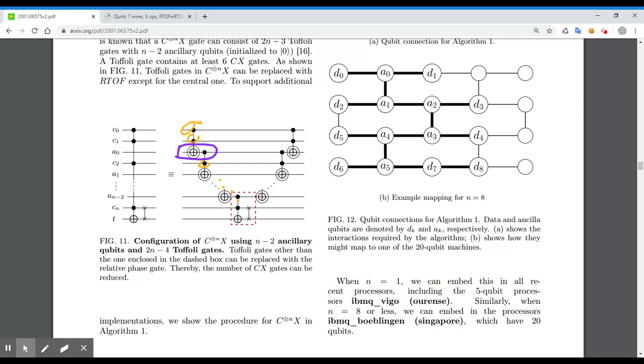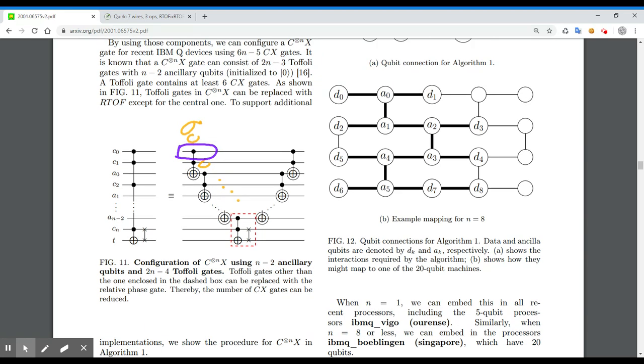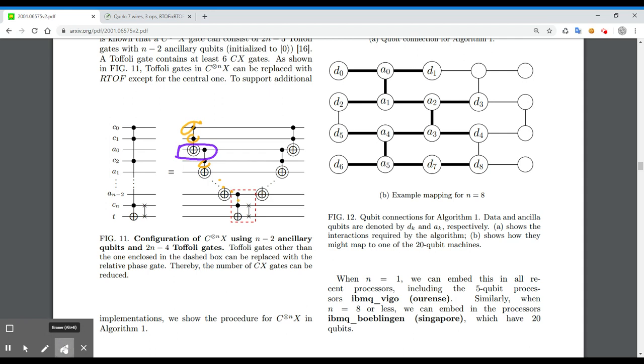To free the ancillary qubits. Toffoli gates other than the one enclosed in the hashed box can be replaced with the relative phase gates. Thereby, the number of phases can be reduced.